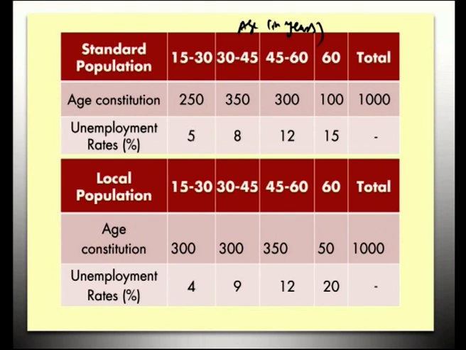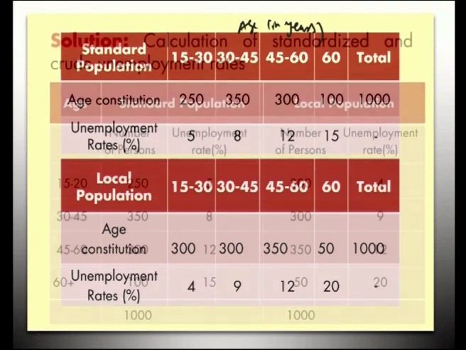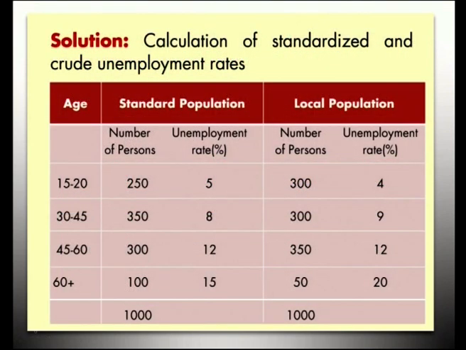A 5% of 250 are unemployed in the age group of 15 to 30. Okay. And local population for the age group of 15 to 30 is 300 and in the age group of 30 to 45 the local population is 300 and unemployment rate is 4%, 9% etc. respectively. The solution goes like calculation of standardized and crude unemployment rate.